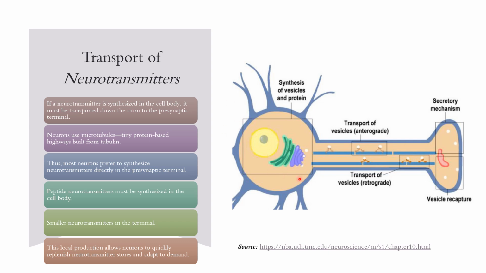Some peptide neurotransmitters are synthesized in the cell body because they use specific precursors that are produced here at the endoplasmic reticulum. Smaller neurotransmitters are produced in the terminal. This local production allows neurons to quickly replenish neurotransmitter stores and adapt to the demand.